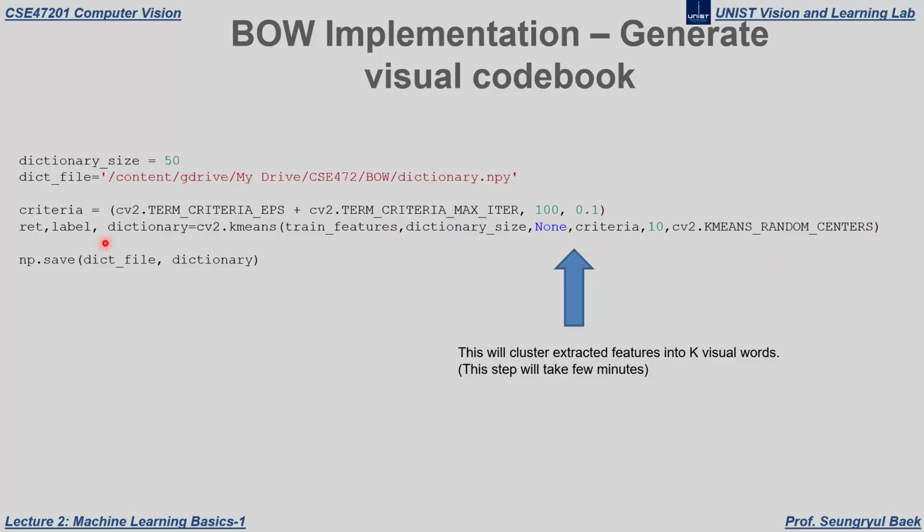Here, this dictionary becomes the centroids. It holds the information for the centroids. Because we set the k value as 50, there are 50 centroids, and each centroid has the same dimensional feature vector.